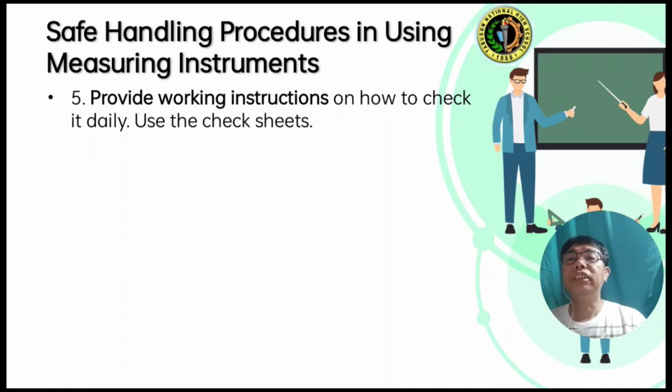These check sheets are important in safe handling. The purpose of the check sheet is to monitor the daily activity of the tools, especially when checking. You are able to determine how many days the tools have been checked for maintenance.